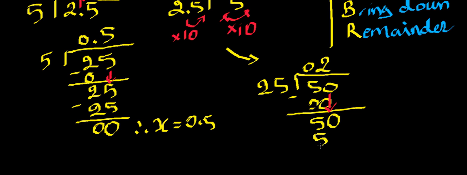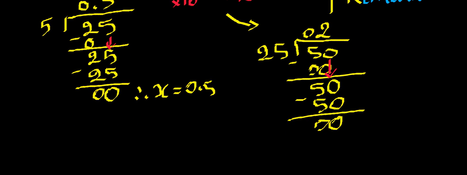So I put 50 over here, and I subtract. Now my remainder is 0, and I have nothing else to bring down. So therefore, y equals 2. So the answer for this would be 2.